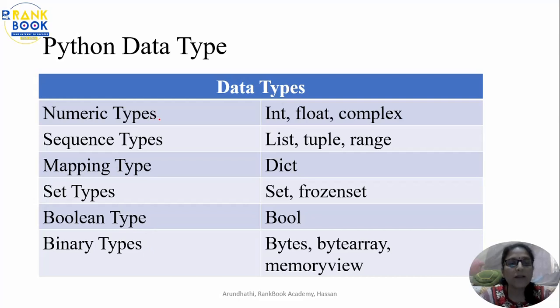In numeric types, we can observe int, that means integer, float, complex, and sequence types we have list, tuple, range, and mapping type is dictionary, and set types set, frozen set, boolean type, bool, and binary we have bytes, byte array, memory view.